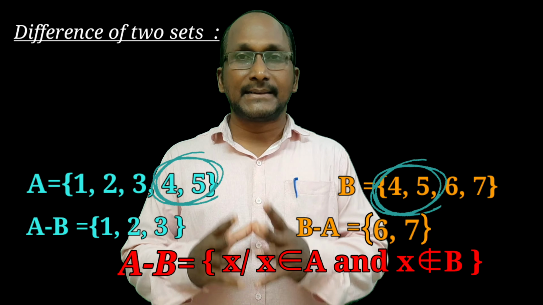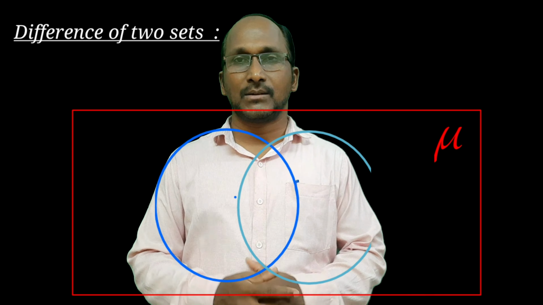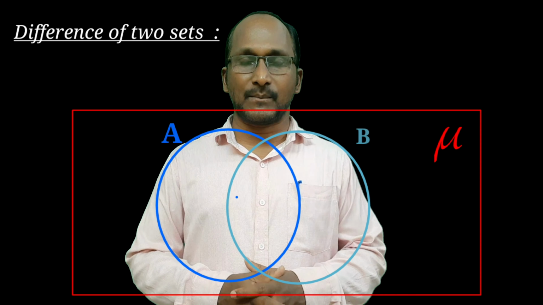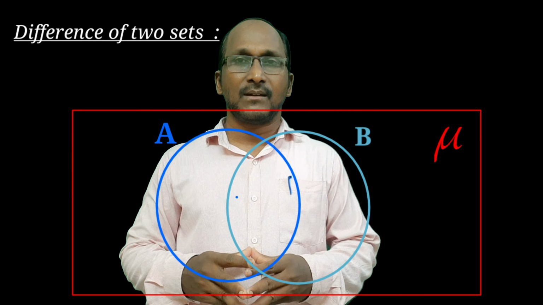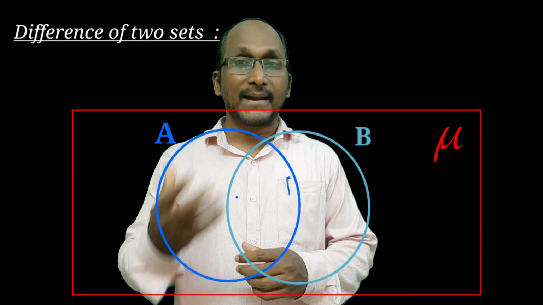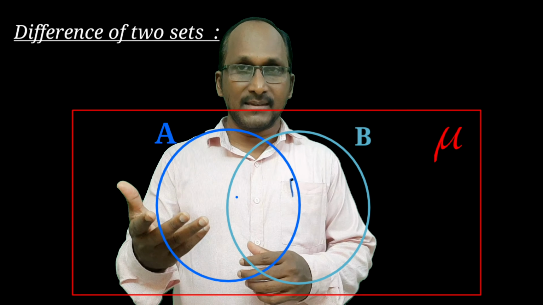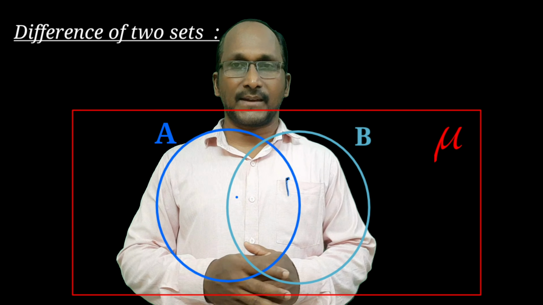Now let us describe the set A minus B through the Venn diagram. So for that, let us take a rectangle to represent a universal set and two circles to represent the sets A and B. To represent the set A minus B, first of all, we have to find the region which belongs to A but not to B. So how to identify?